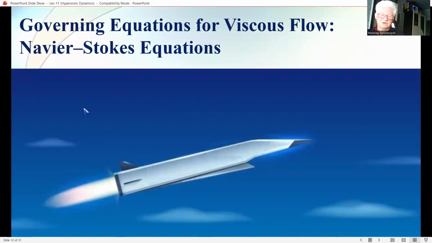First topic for today's lecture: the governing equations for viscous flow, namely the Navier-Stokes equations. Euler equations are, in reality, a special form of the general governing equations of fluid dynamics, wherein the viscous terms have been deleted.